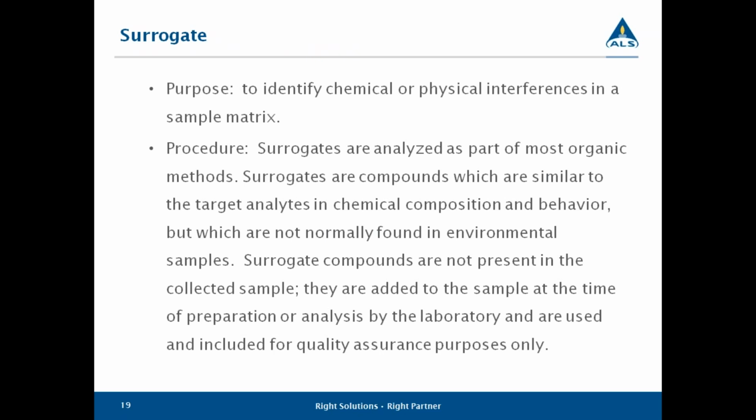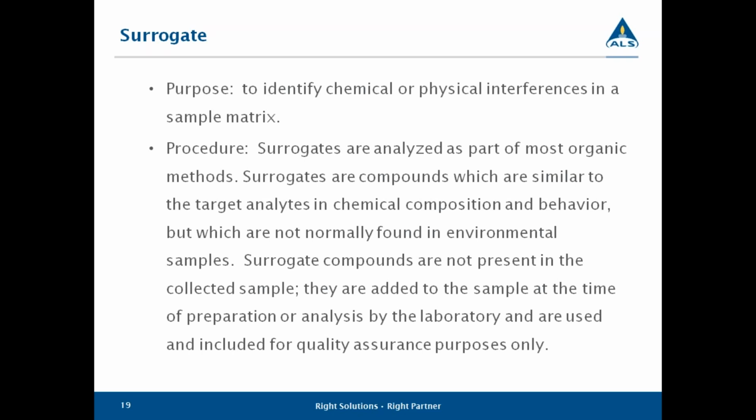Now surrogates. Let's jump into surrogates. Surrogates are very interesting, very useful. What we're trying to do with surrogates is to identify chemical or physical interferences in the matrix itself.